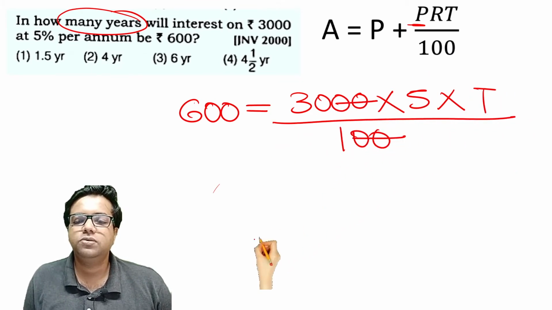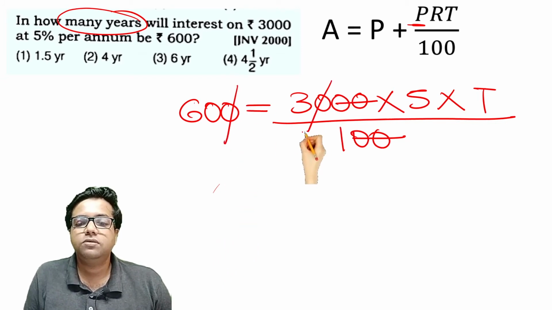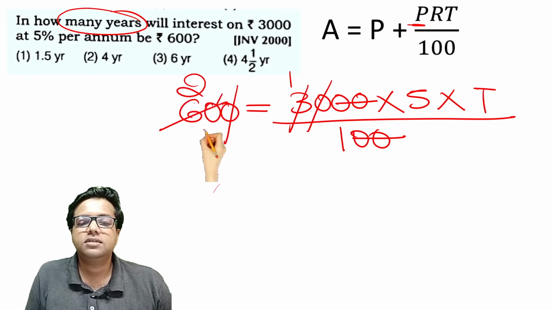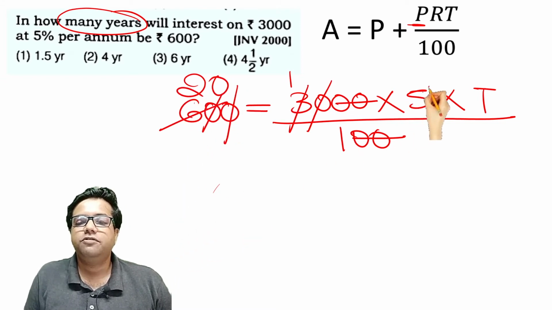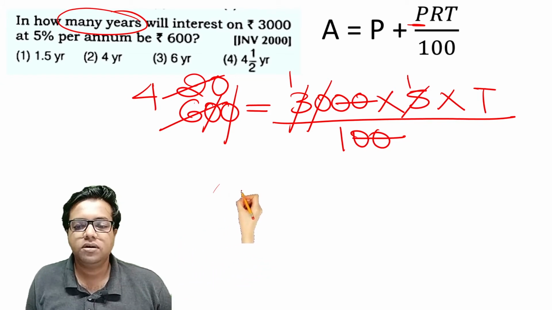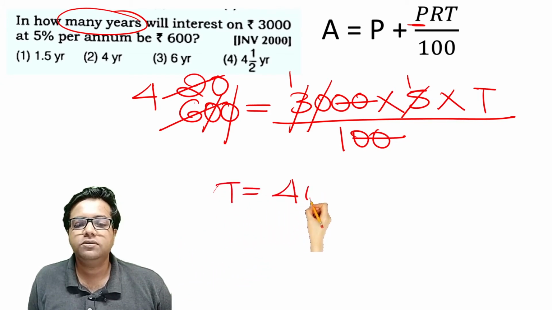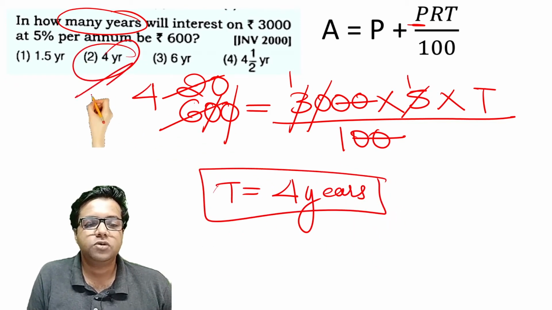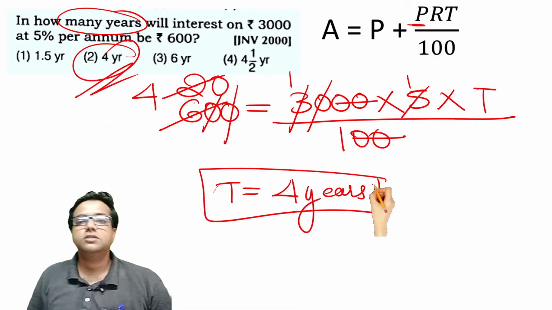Two zeros go away, one zero goes away, 3 ones are 3, 3 twos are 6, 3 zeros are 0, 5 ones are 5, 5 fours are 20. So the time duration will be equal to 4 years. So option 2 is the right answer for this question.